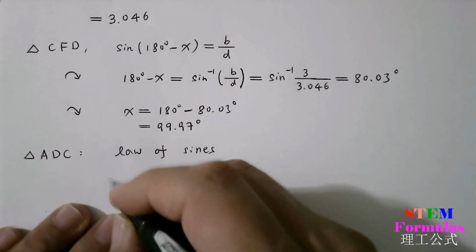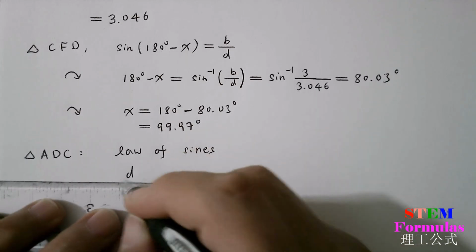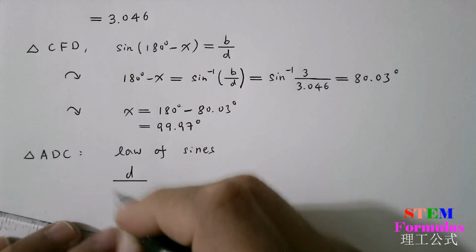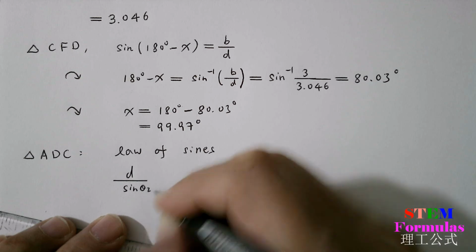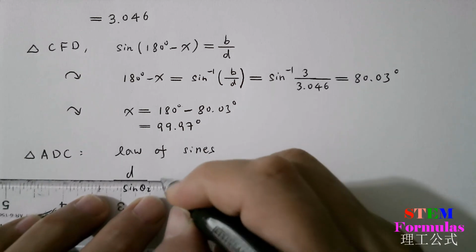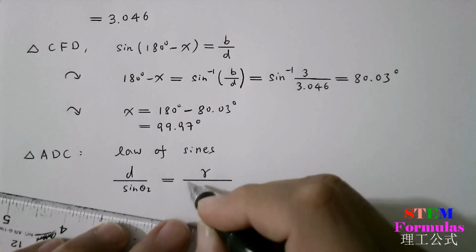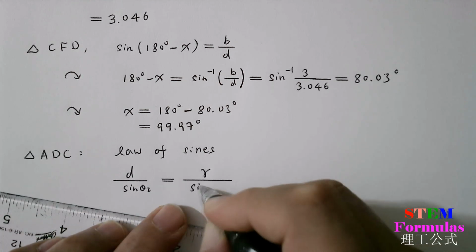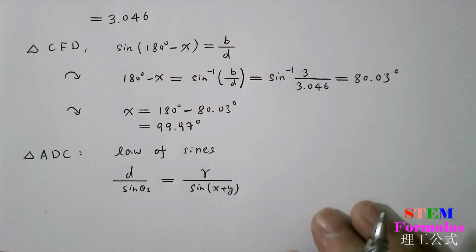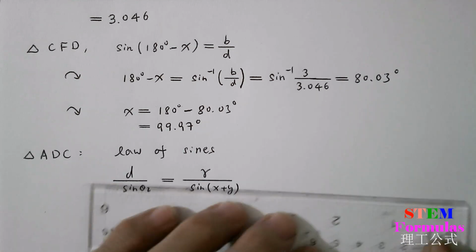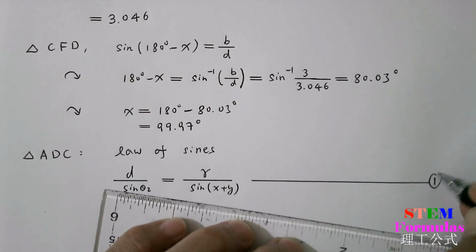So I have D divided by sine theta 2 equal R divided by sine x plus y. I call this equation 1.